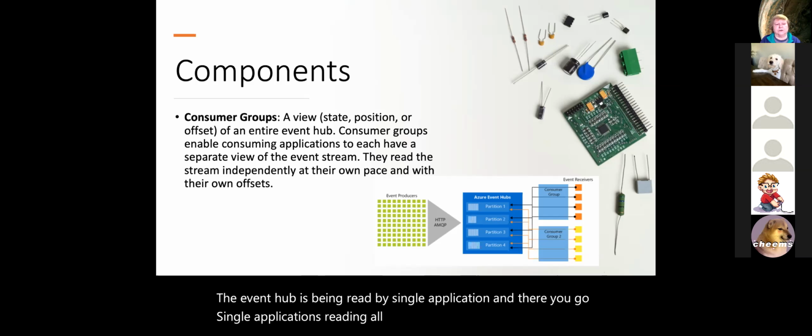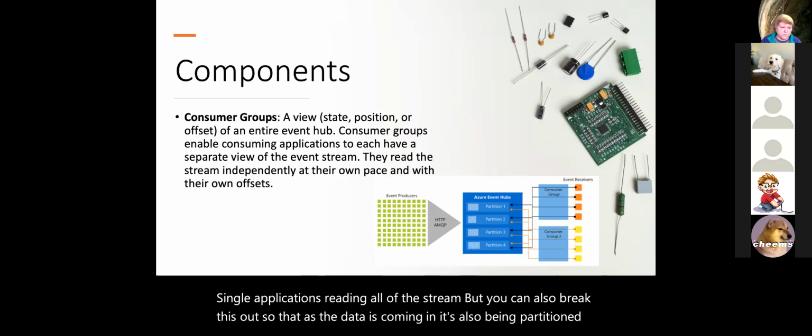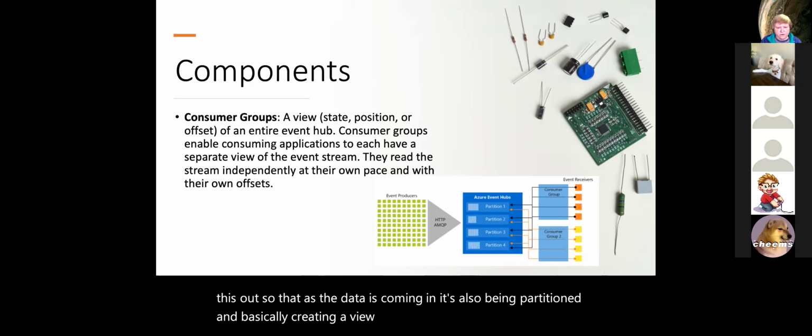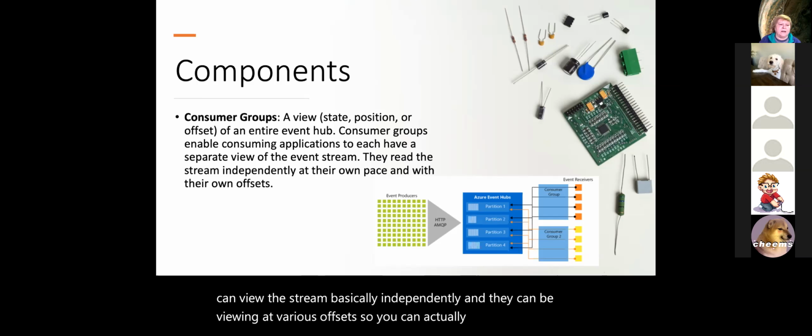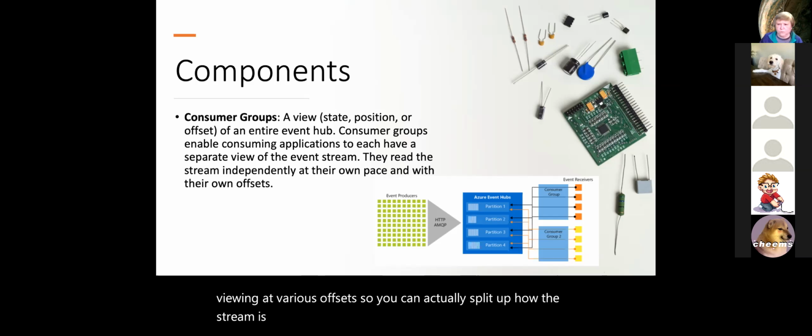But you can also break this out so that as the data is coming in, it's also being partitioned, basically creating a view. The various consumer groups can view the stream independently, at various offsets. So you can split up how the stream is being consumed and what applications are consuming it.